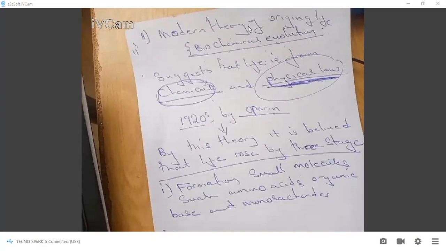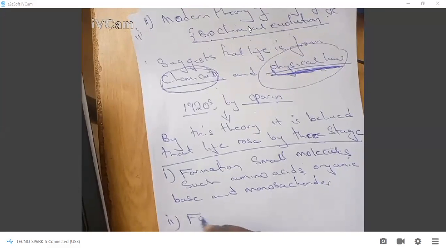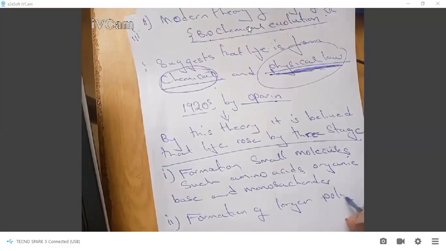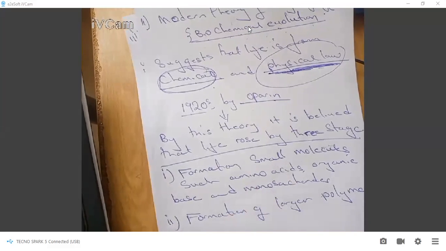Therefore, this theory suggests that life developed in stages. The first stage was formation of small molecules. Those small molecules were amino acids, organic bases, and monosaccharides. Second, formation of larger polymers. After we form the small molecules like amino acids, these small molecules came together.